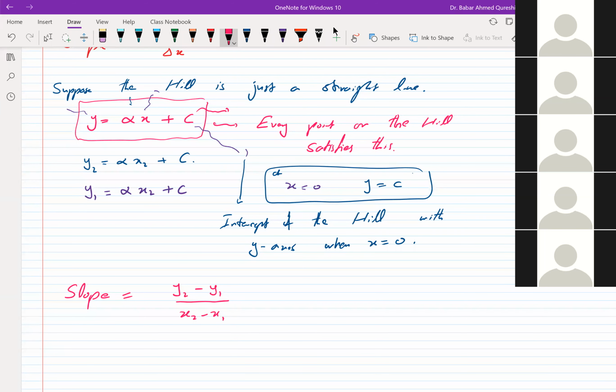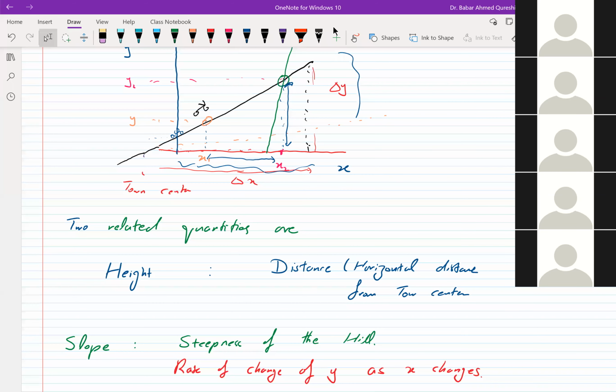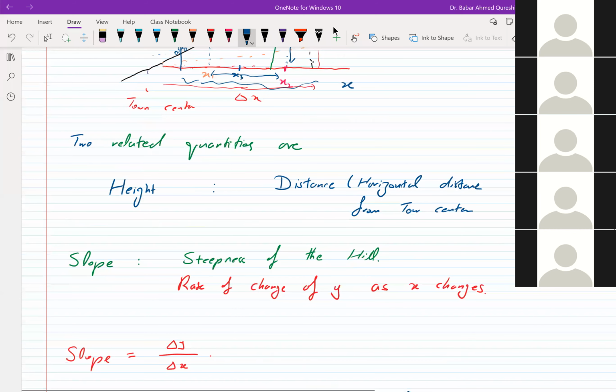Now, instead of this, what if I compute it using a third point? This is y3. Someone doesn't cover this whole distance from x1 to x2, they just cover from x1 to x3, and then try to figure out how quickly the hill is climbing.